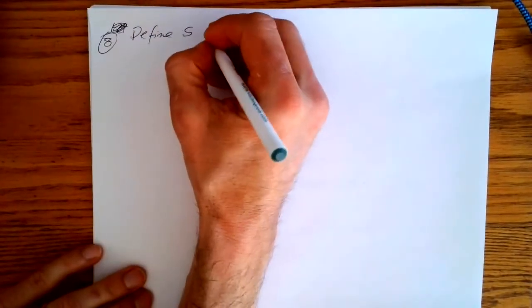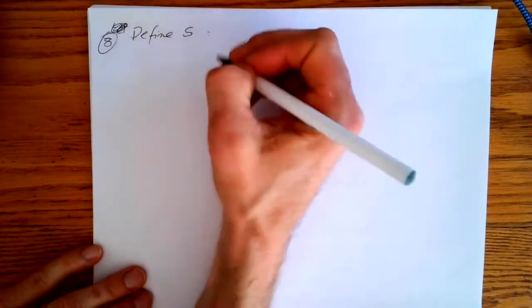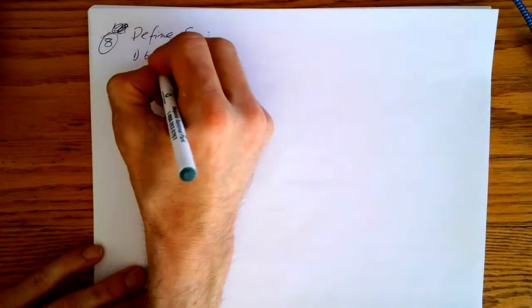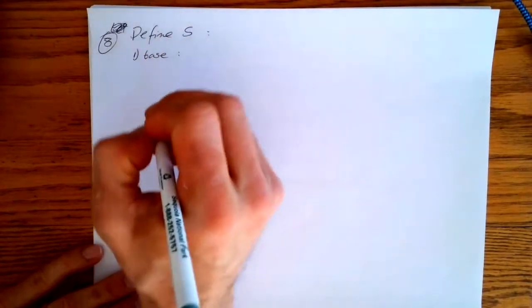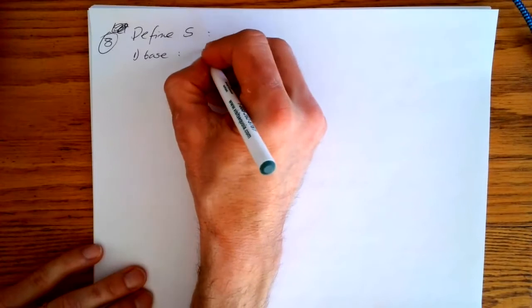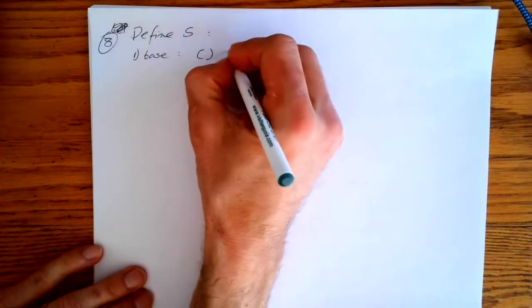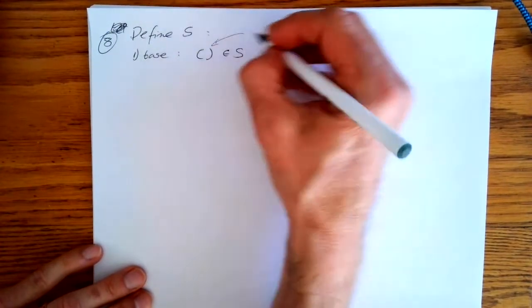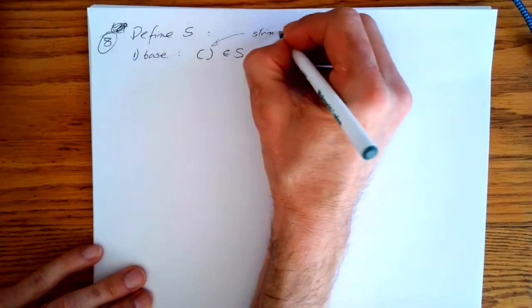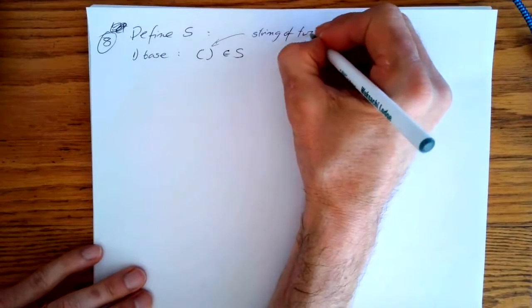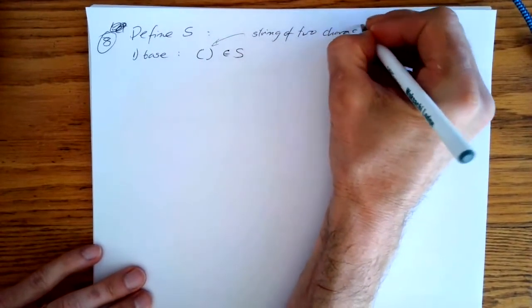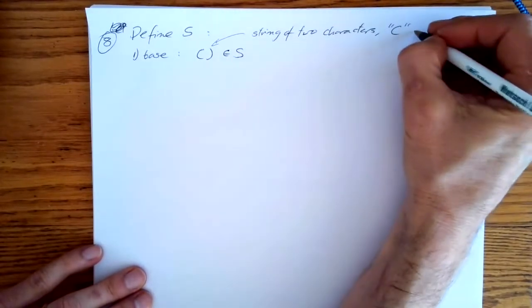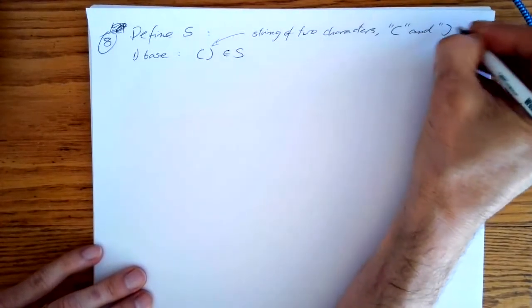Define it like this. The base case is that the following string is in the set. It's a string of 2 characters, open bracket and close bracket.